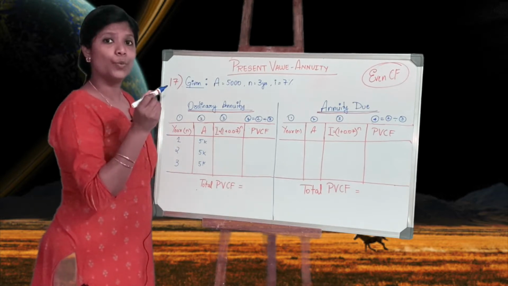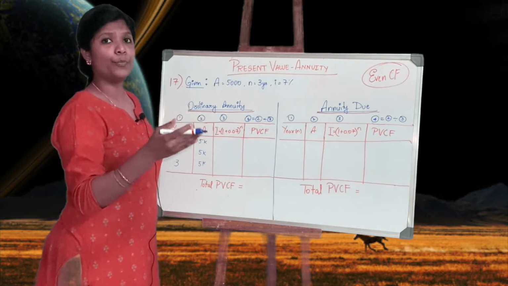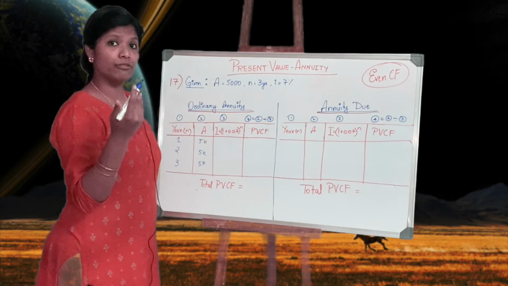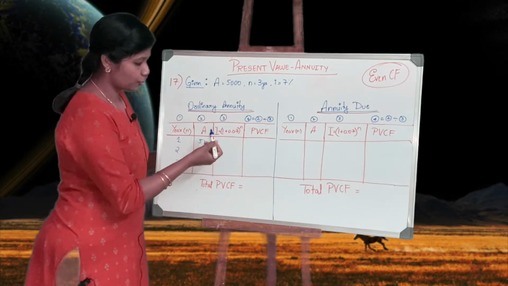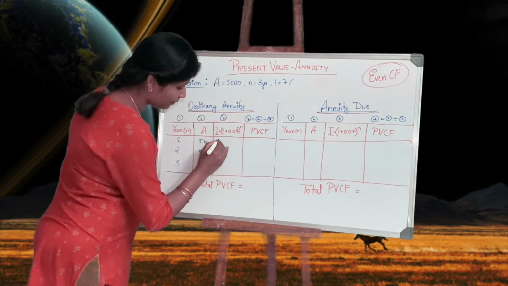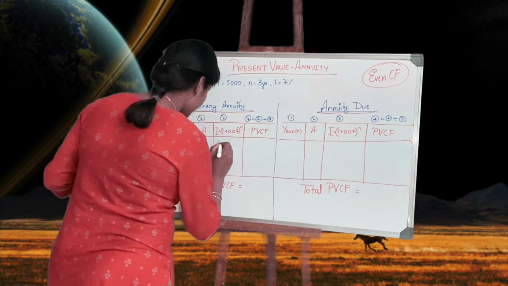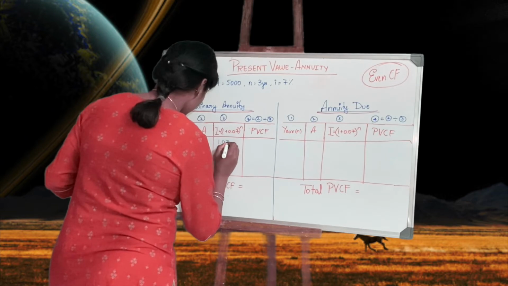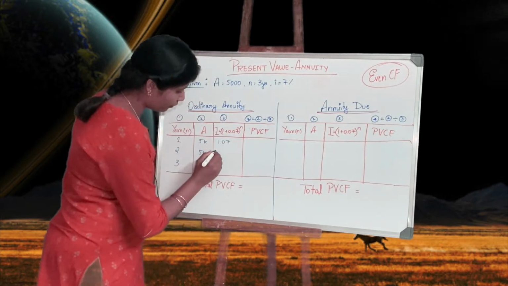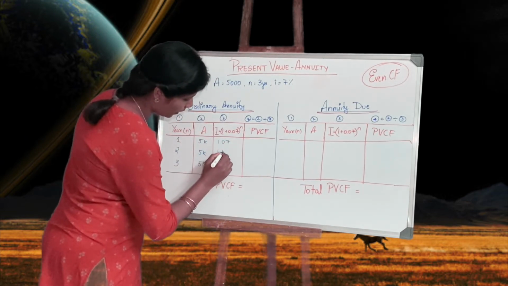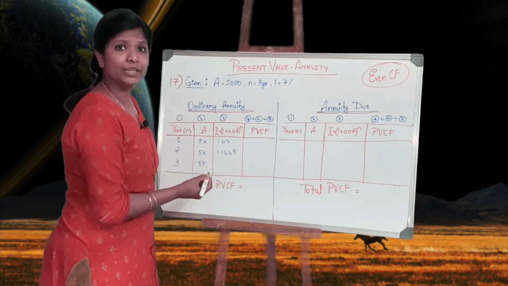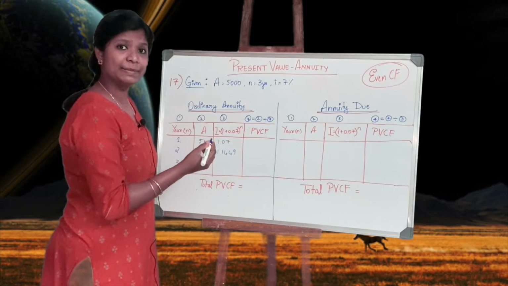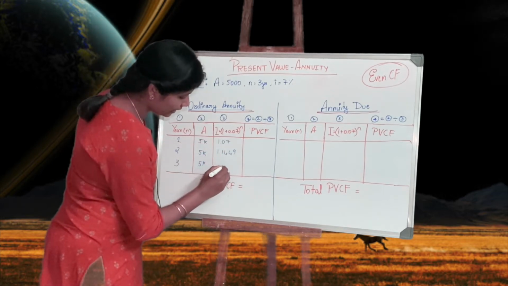So you're going to do 1 plus 0.07 to the power of 1, to the power of 2 and to the power of 3. To the power of 1, it's going to be 1.07, and then to the power of 2, it's going to be 1.1449. Third year, I will not be getting interest because it's payments made at the end. So it's going to be nil.